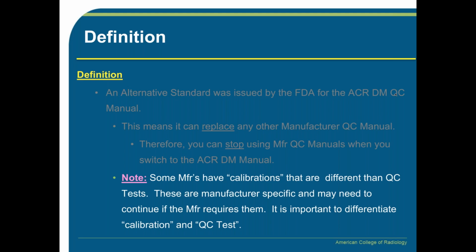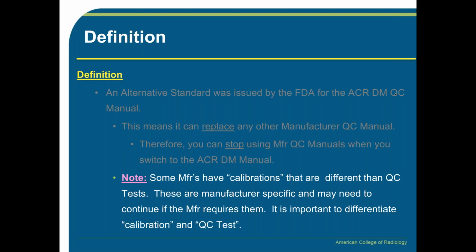There's one important definition about calibrations. Some manufacturers have calibrations that are different than QC tests, and these are specific to each individual manufacturer. If it's a calibration, it would have to continue because you actually input information from exposures that you might make back into the system that the system needs to continue to function.